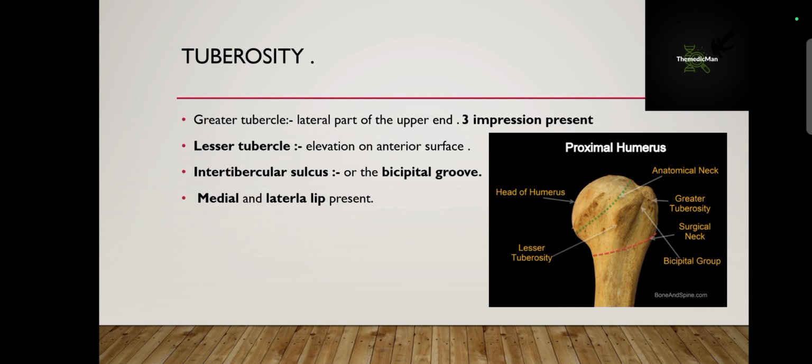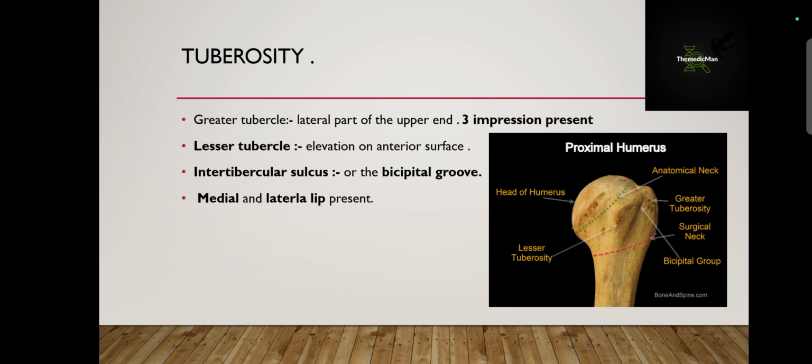If we are holding the humerus in an anatomical position, the greater tubercle is present laterally, while the lesser tubercle is present medially or anteriorly. The lesser tubercle is clearly seen on the anterior surface, as an elevation on the anterior surface of the upper end of the humerus medially.